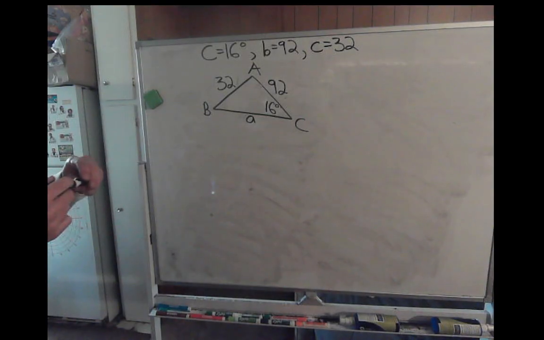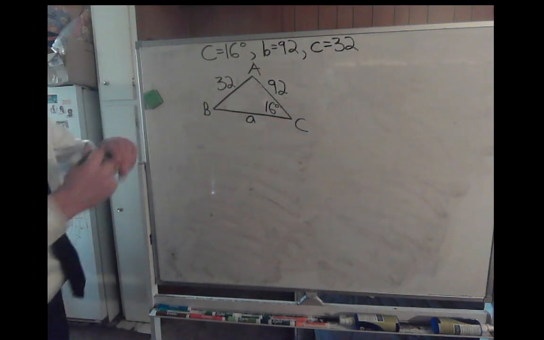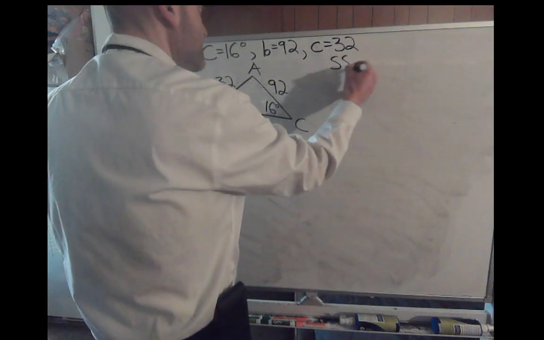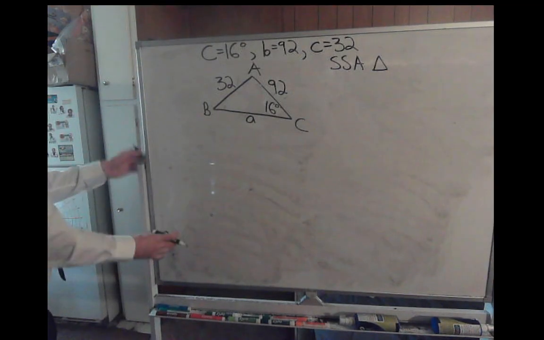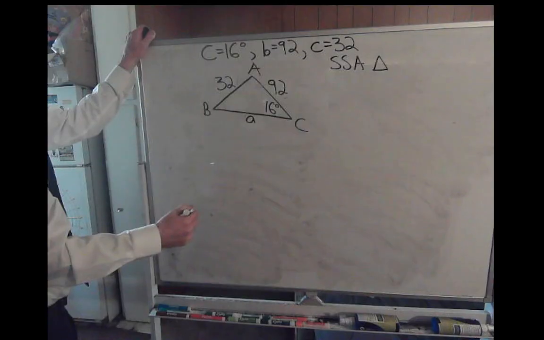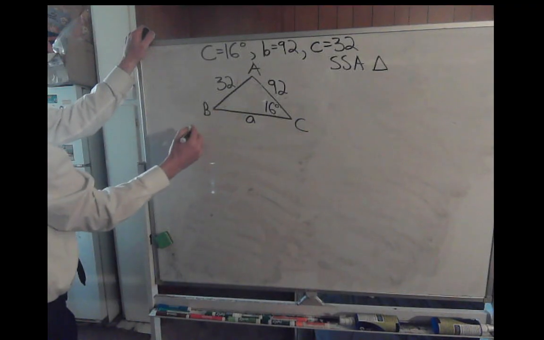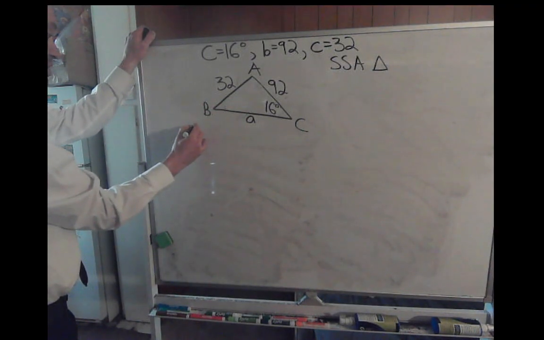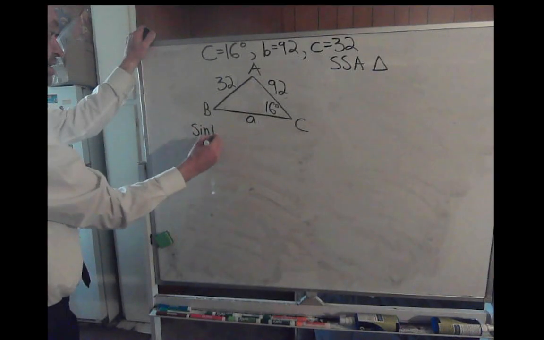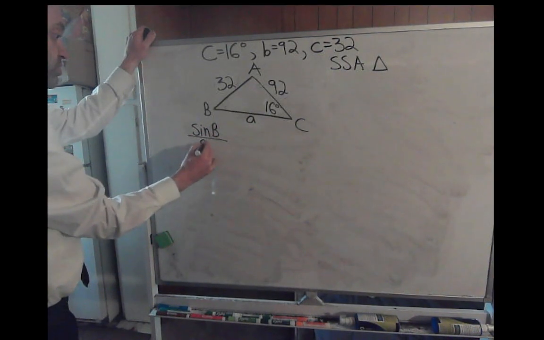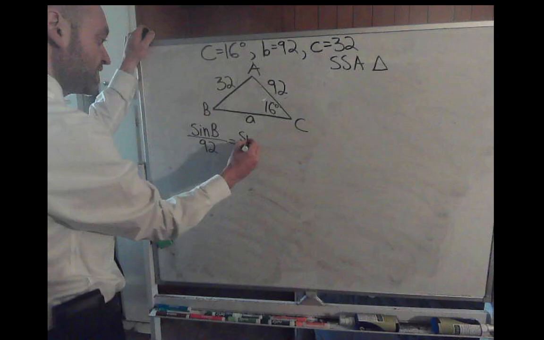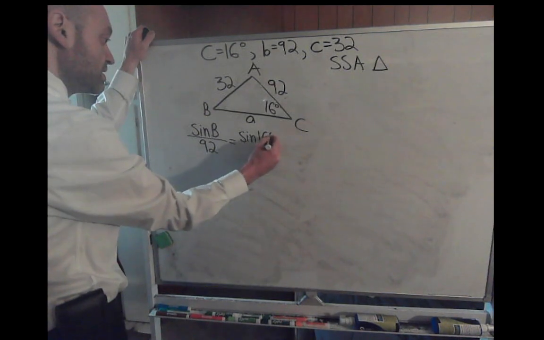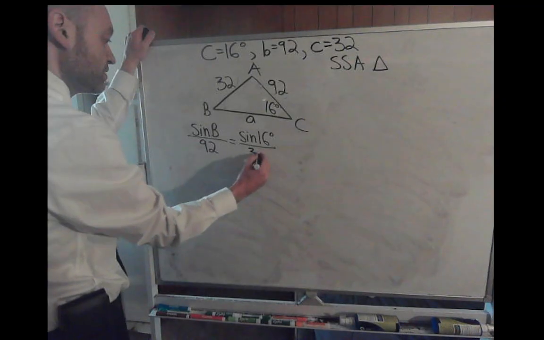Alright, so we have another triangle with 2 sides and a non-included angle. So this is a side-side-angle triangle, which means it's another ambiguous case triangle. So we don't know angle B, but we know side B, so let's find angle B first. So that means the sine of B all over that side B, which is 92, is equal to the sine of C, which is the sine of 16 degrees, divided by that 32.